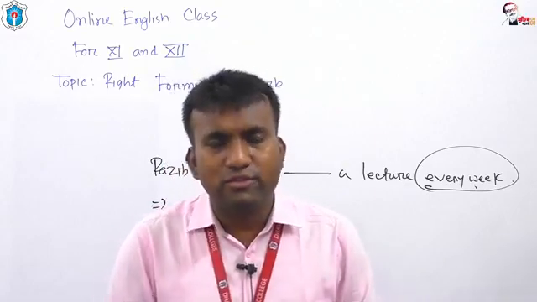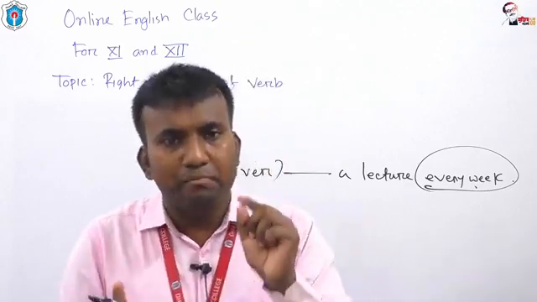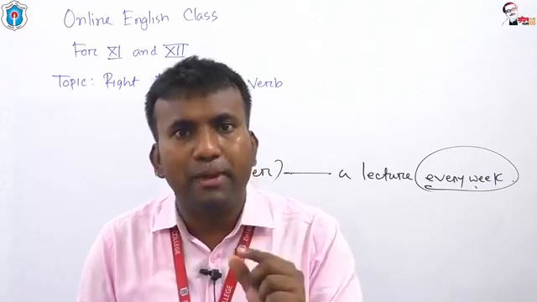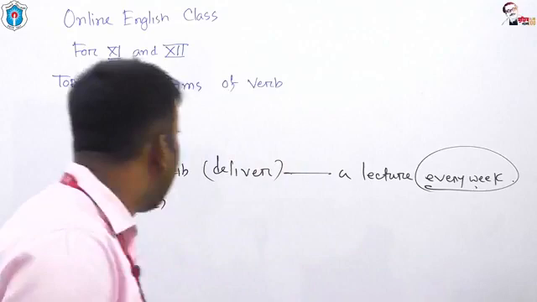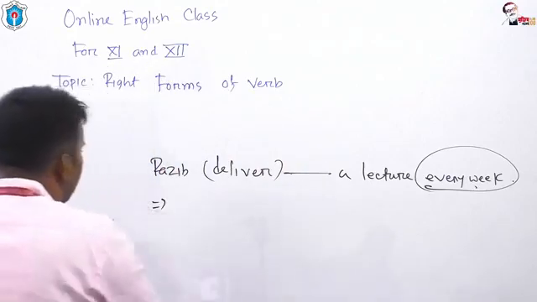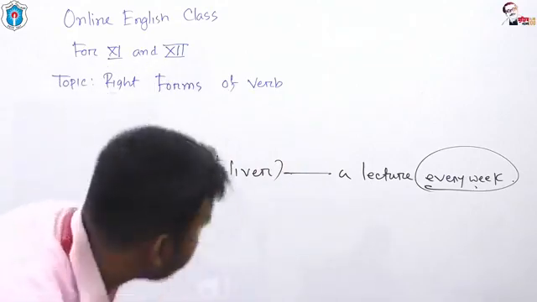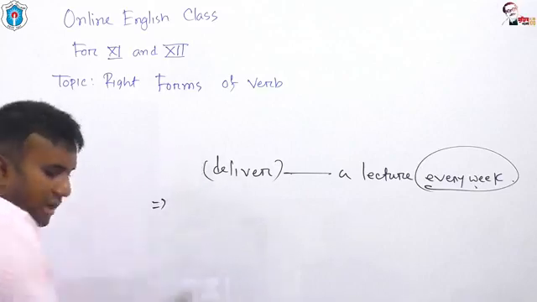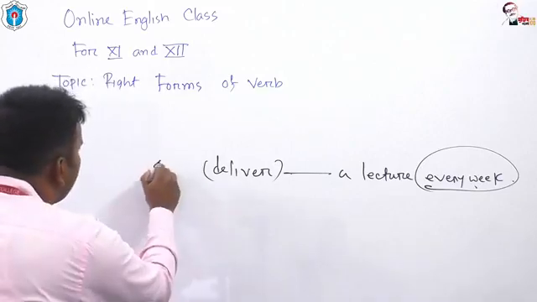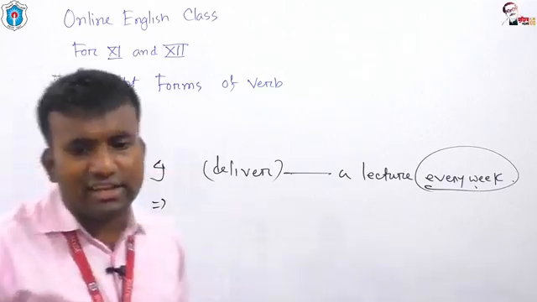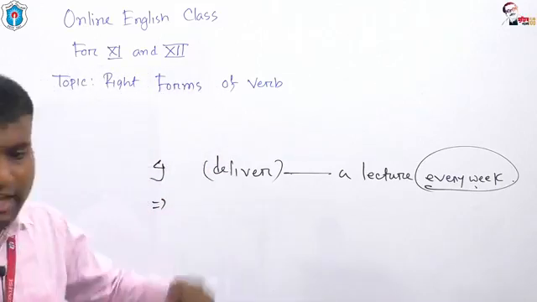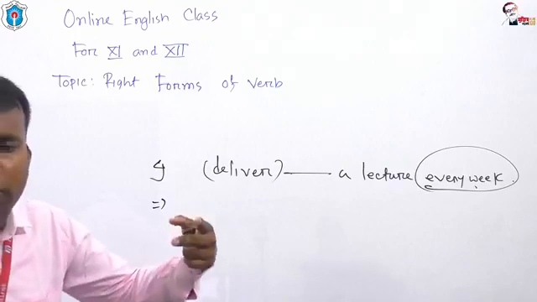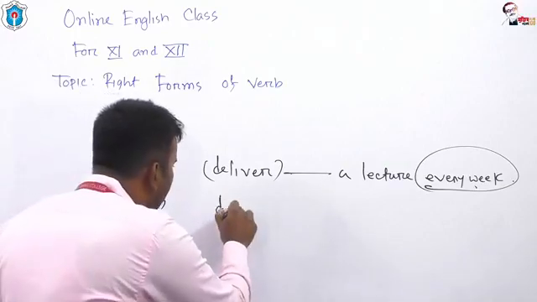So right forms of verb refers to the process by which we take appropriate form of verb according to person, number and tense. If I say I deliver a lecture every week, what should be the answer? Now the answer will be changed and it would be only deliver.